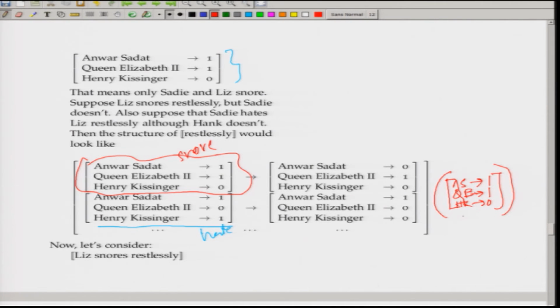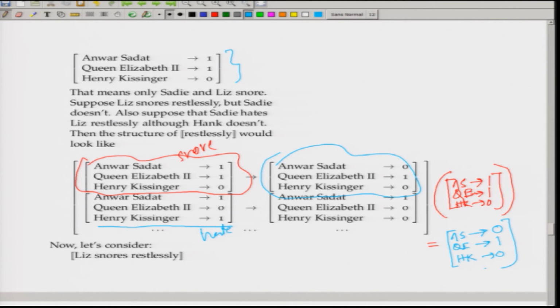And then after doing this, this will give you some other function which is once again required. What is this function? It is this function. This function comes out of it. Why? Because we said that although Sadie snores, he doesn't snore restlessly, whereas Liz snores restlessly, and HK must be 0 because HK does not snore at all.